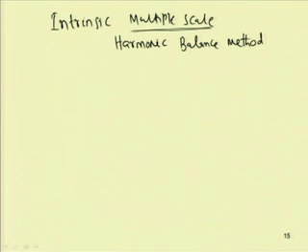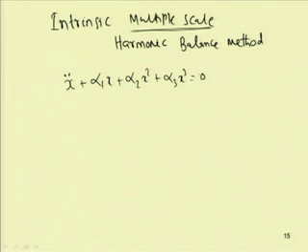So, let us take a governing equation in this form: x double dot plus alpha 1 x plus alpha 2 x square plus alpha 3 x cube equal to 0. Now, in case of the method of multiple scales, generally we take a time term, that is T n, which is equal to epsilon n t.